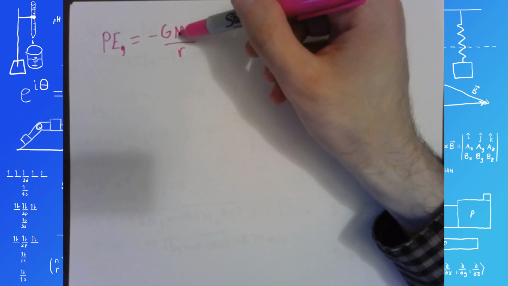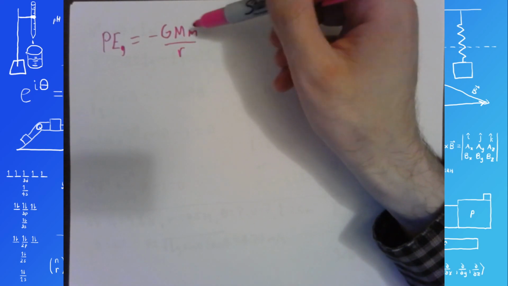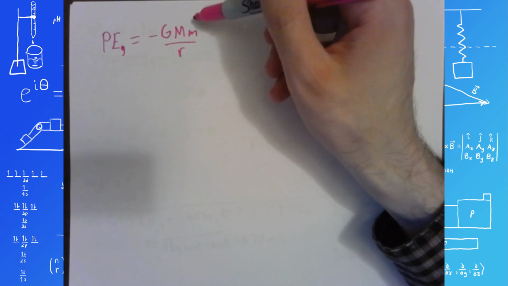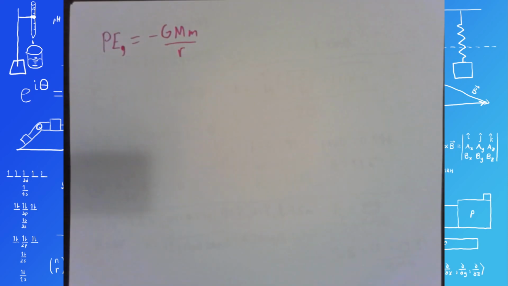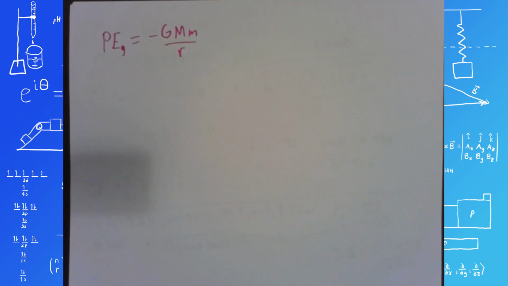You can write this as M1 and M2 or MA and MB. I like to use a big M and a little m because usually you're working with a big heavy planet versus a relatively smaller moon or satellite of some sort.